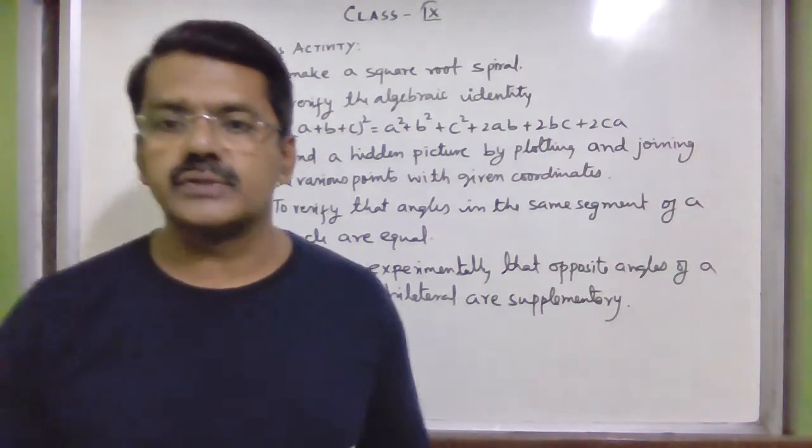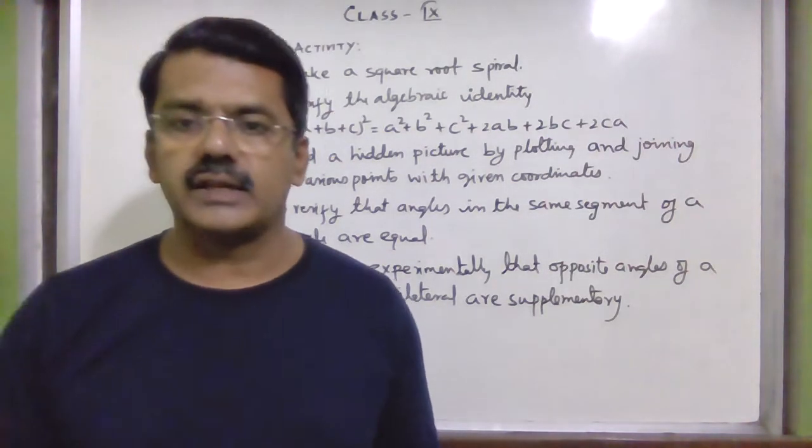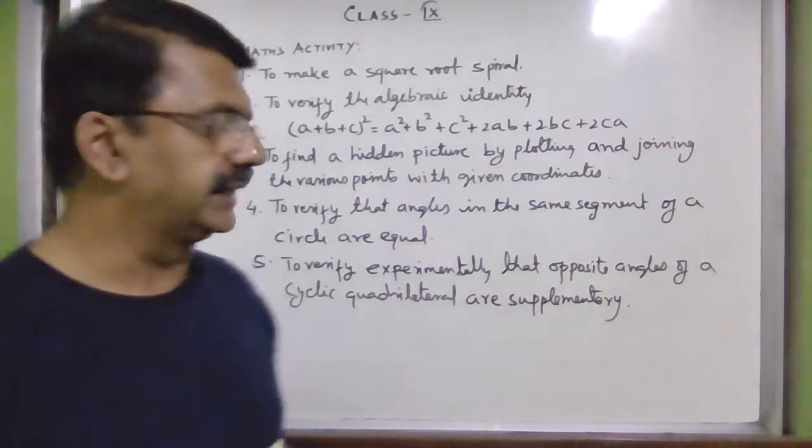The sum of opposite angles of a cyclic quadrilateral is 180.